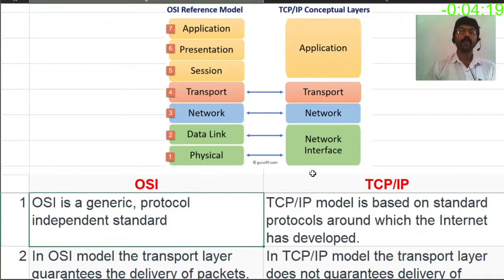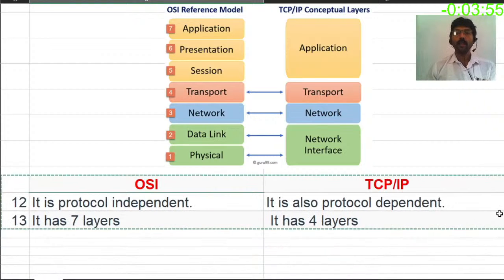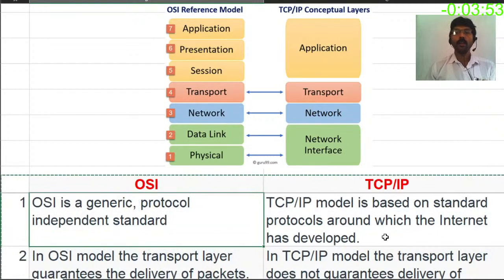Next is the difference between the OSI reference model and the TCP/IP model. The OSI model is generic and a protocol independent standard, whereas the TCP/IP model is based on standard protocols around which the internet was developed.